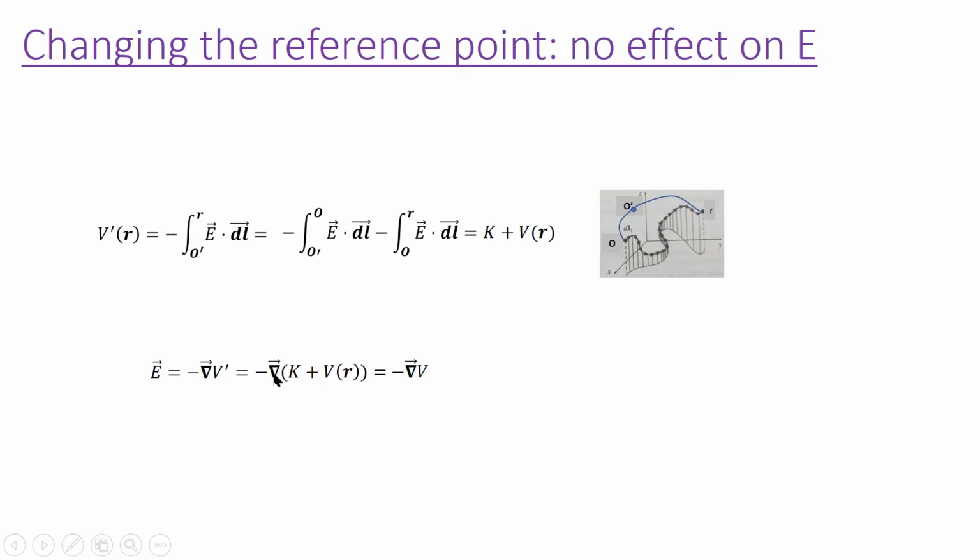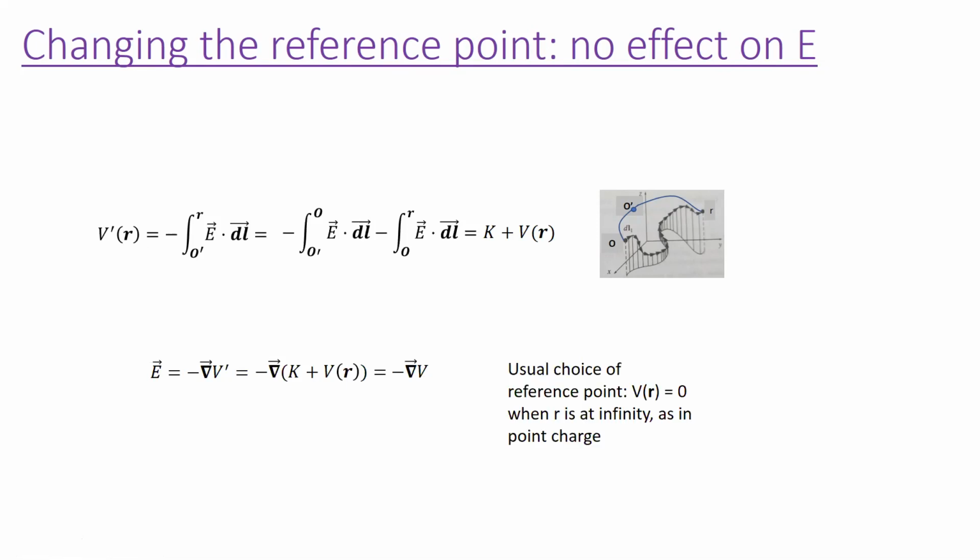So we just get minus the gradient of V back again. So the electric field which we get from this definition with a different reference point is not affected. It's still equal to what we got before.